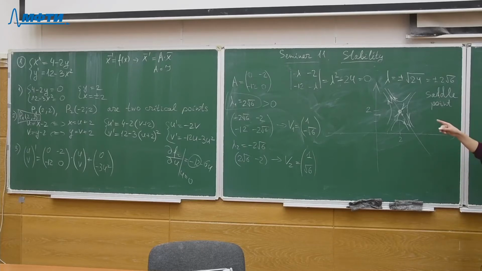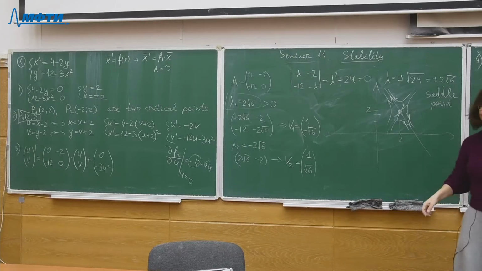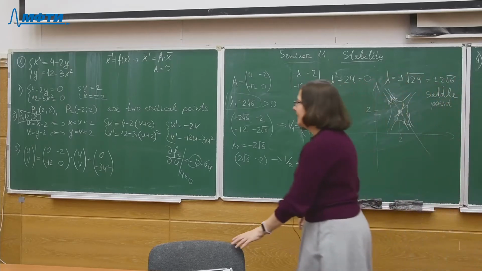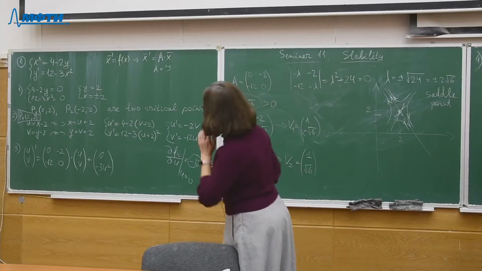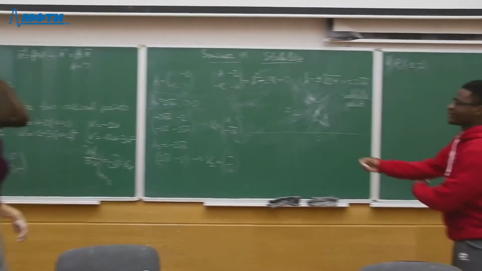Well, now let's analyze the second point. So step number 4. We must consider P2, negative 2 and 2. Right, so first, change of variables.